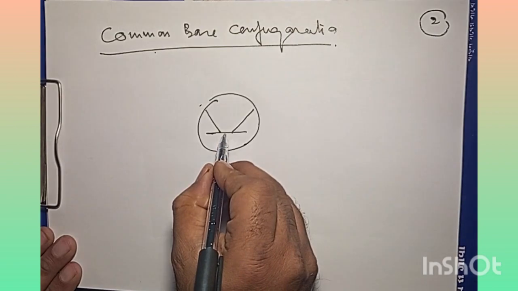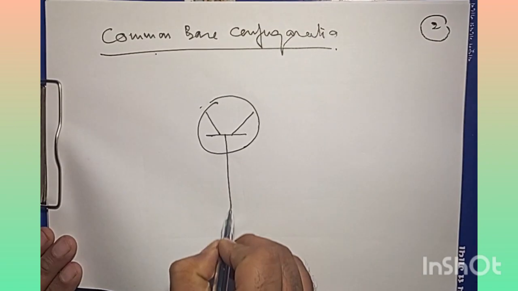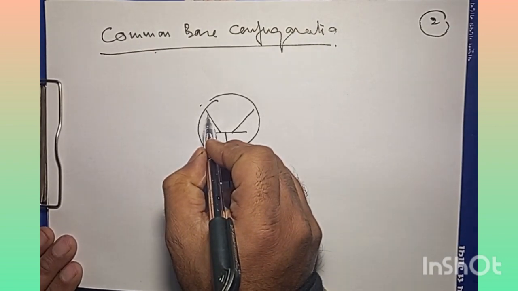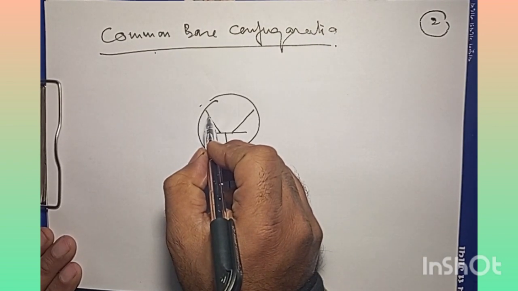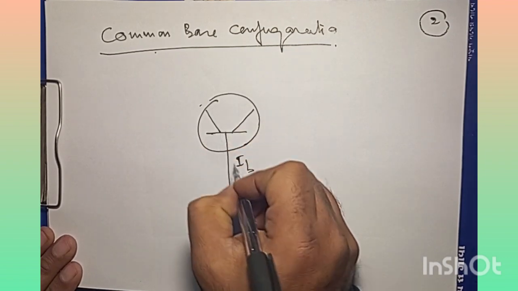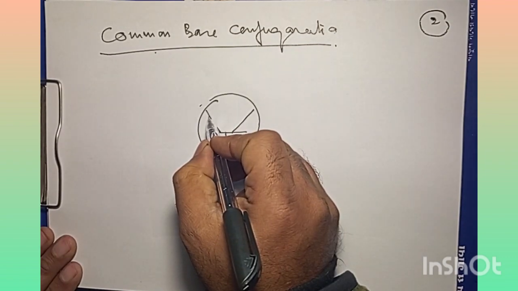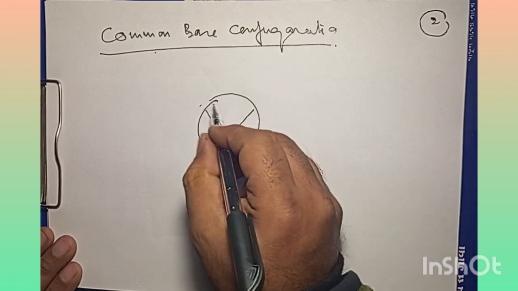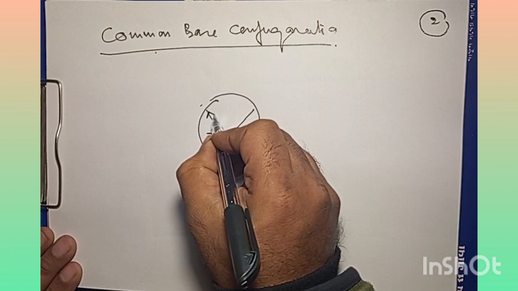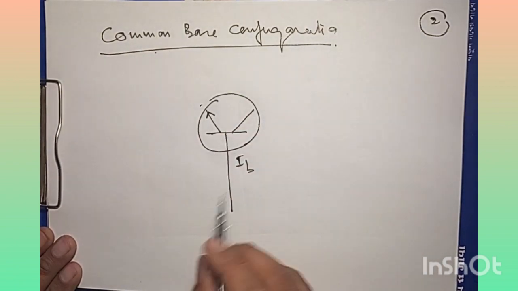So you can see here I have the base current IB, and if I mark this arrow in the outward direction, this is base and this is emitter, and this is collector. So if I mark it like this, it is a PNP transistor.